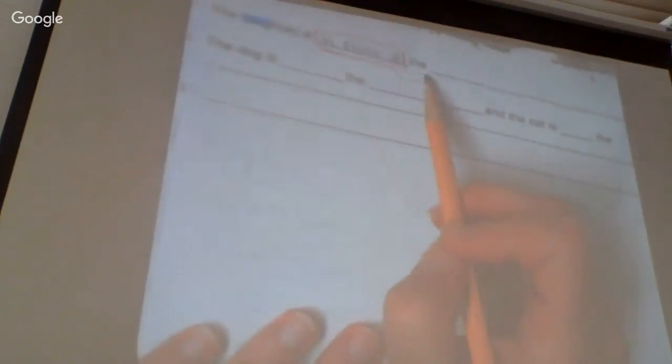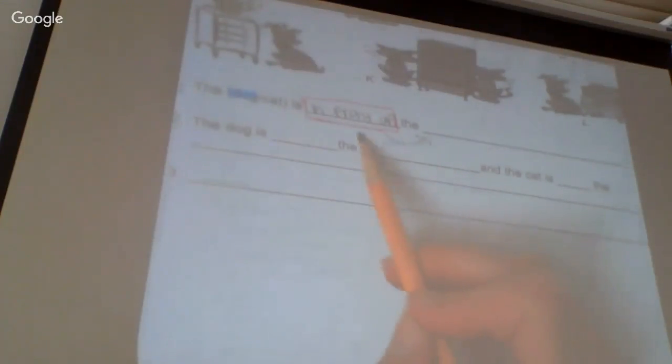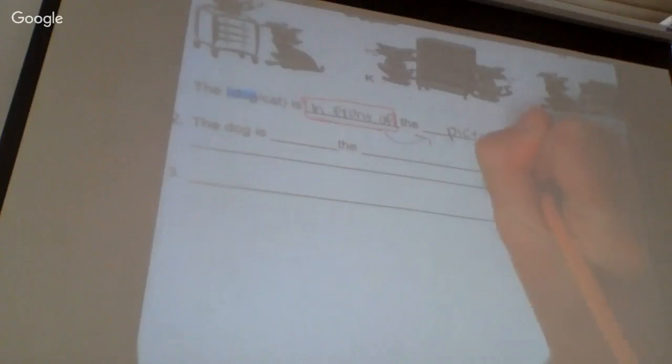So to complete my sentence, the dog is in front of the picture. I write picture on the line, period at the end, and then I highlight picture in yellow because that is the location of the dog. I want to highlight, point out all of these parts. And then I move to number 2.